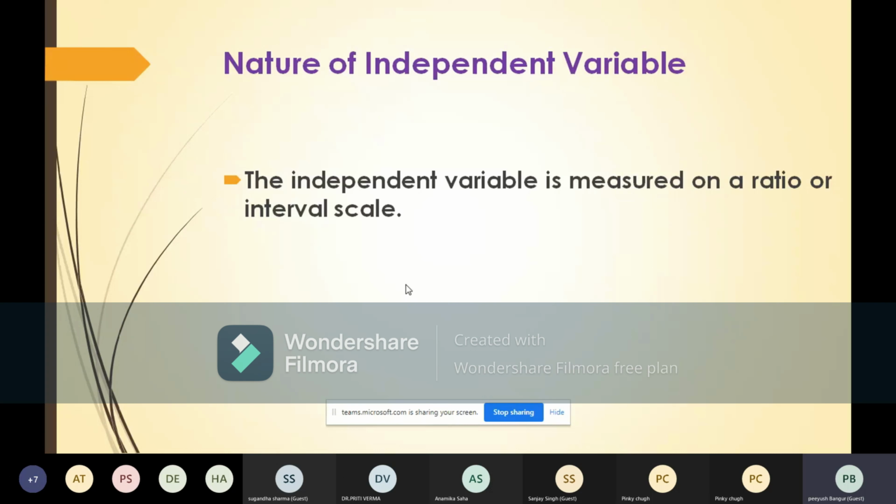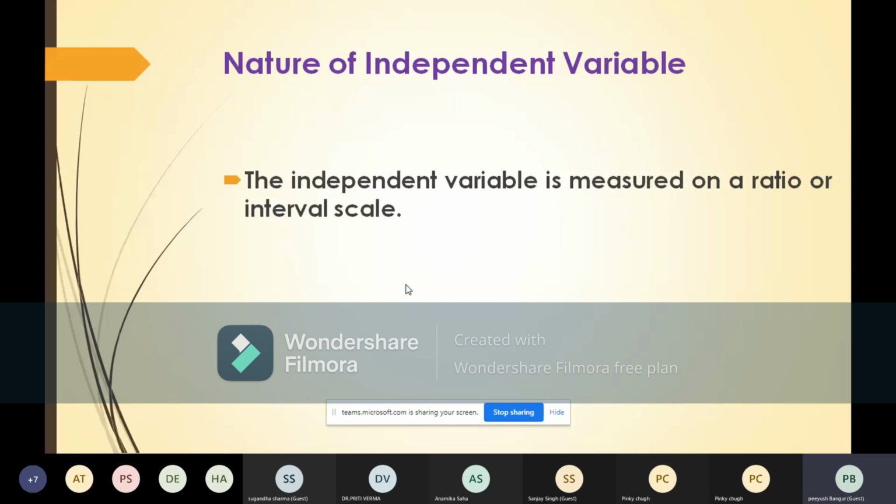We have to keep the independent variable either on ratio scale or interval scale, otherwise it is not possible to formulate your regression model. All independent variables should be on ratio or interval.